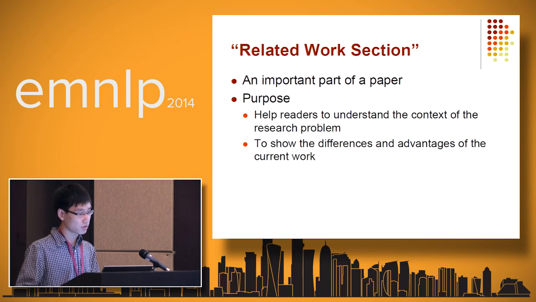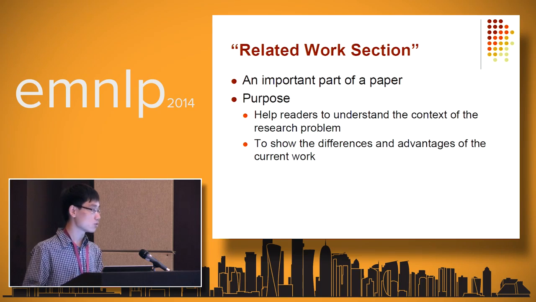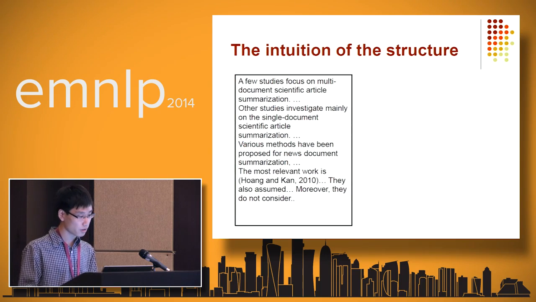But automatic related work section generation is a very challenging task. So first, I think we should investigate the structure of the related work section. Here is a brief version of the related work section in my paper.